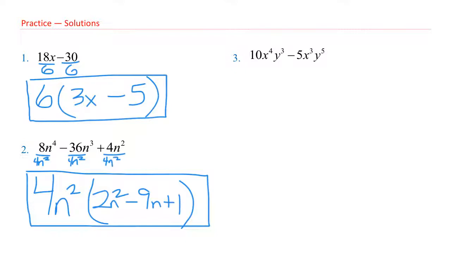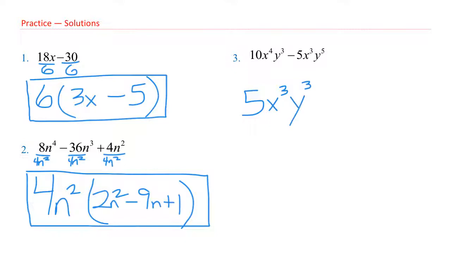The GCF of those is 5. This polynomial has two variables, x and y. So for each variable, we'll determine the lowest power. We've got x to the fourth and x to the third. The lowest power of x would be x to the third. For the y's, we have y to the third and y to the fifth. So the lowest power of y is y to the third.